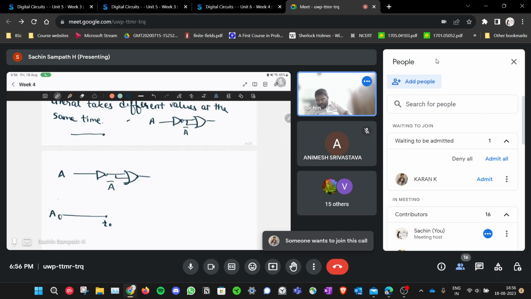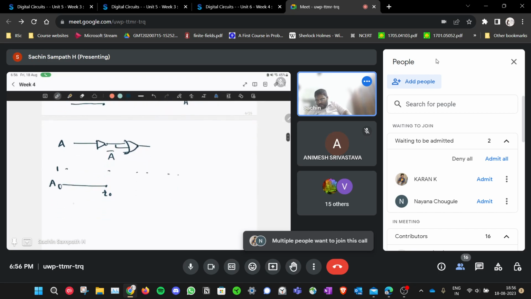It is at this value. Okay. Then your A bar for that time will be at high, right? That's correct, right? In steady state.